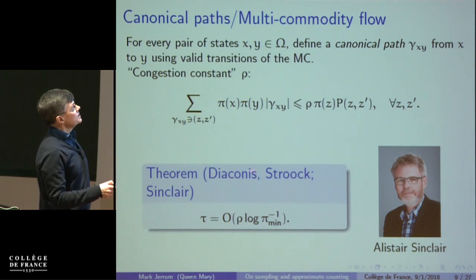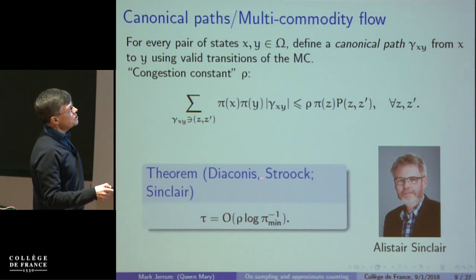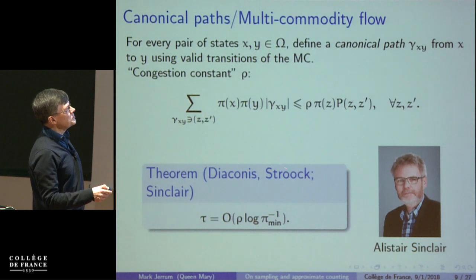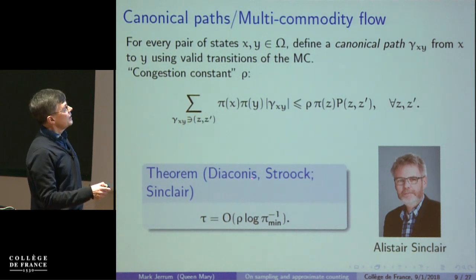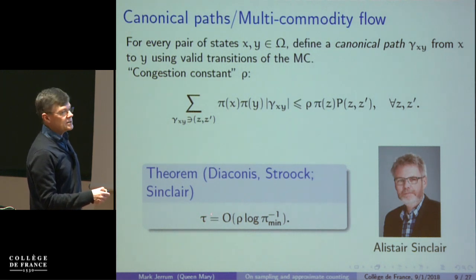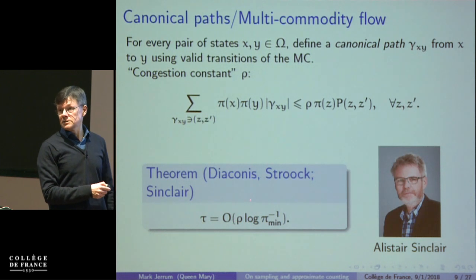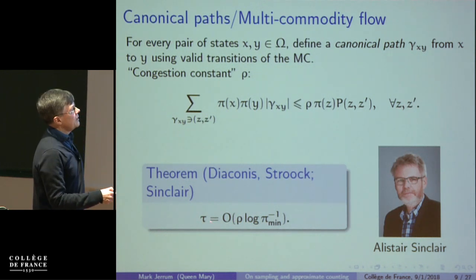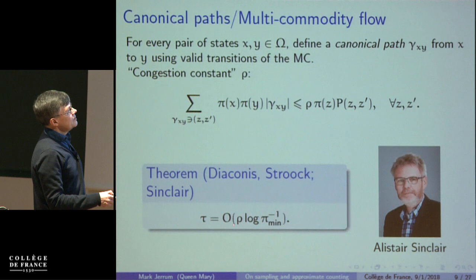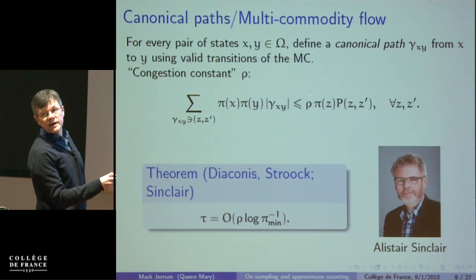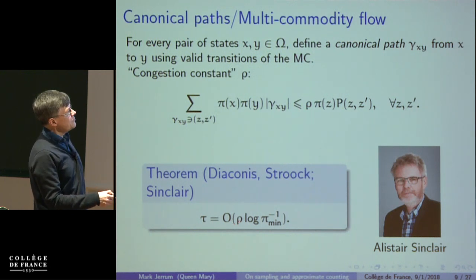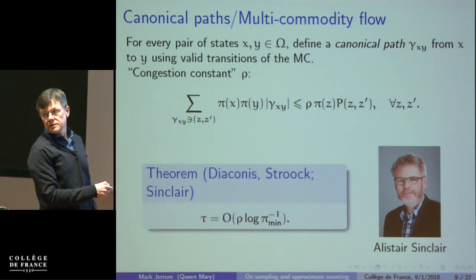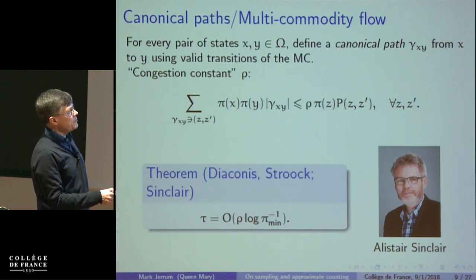And then we can use this theorem, which originally in some form came to us from Diaconis and Stroock, and in the form that we use it now is from Alistair Sinclair. It says that the mixing time, how long we have to wait to get close to equilibrium, is basically this congestion constant. So if we can make that congestion small, then we have mixing, approach to stationarity, rather rapidly.